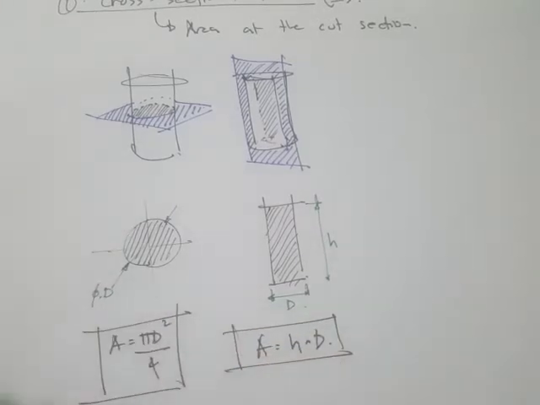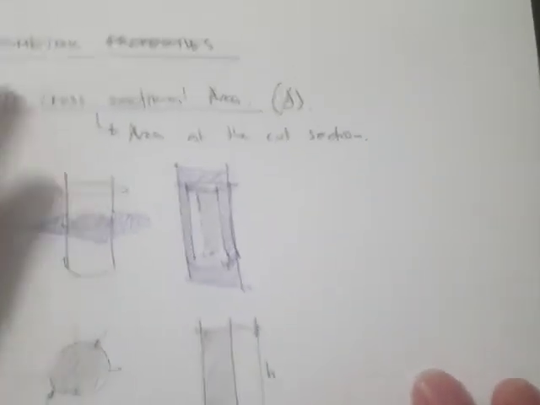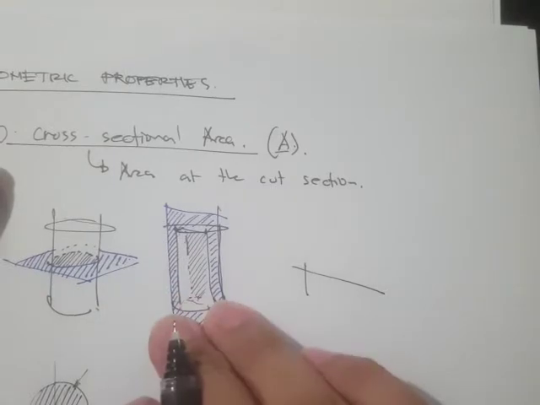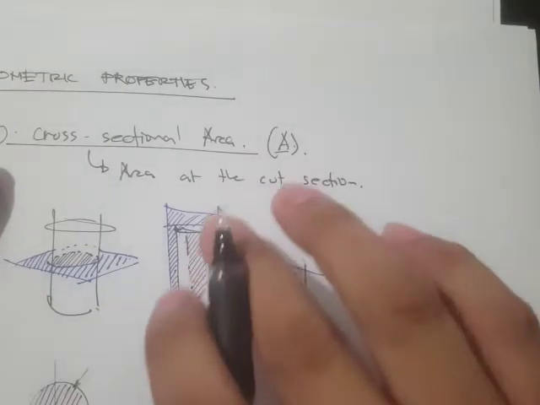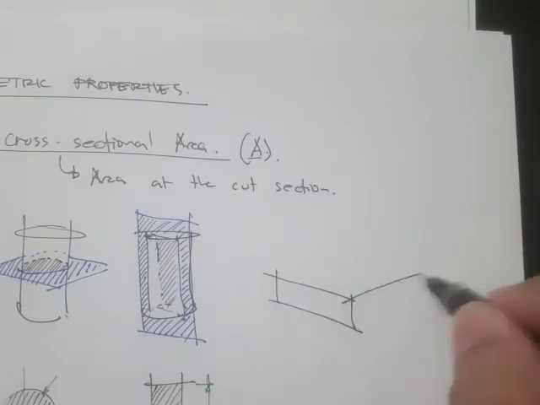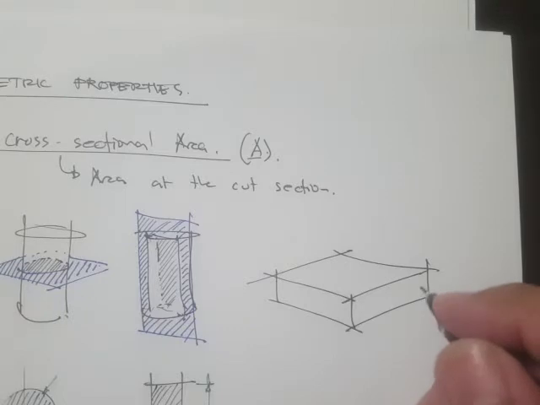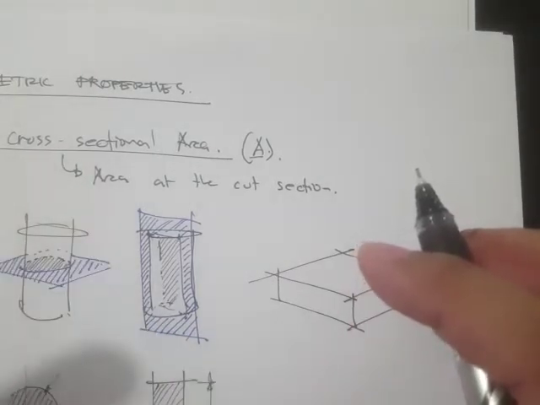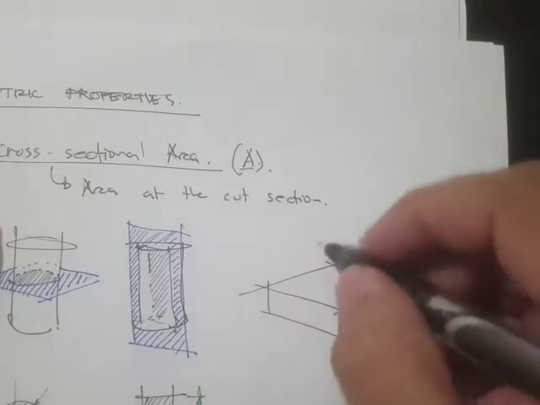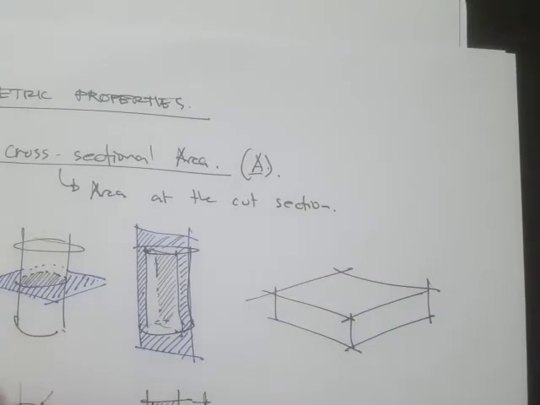Now it's also possible for other types of stresses that the area is not just a planar area, I mean in just a straight plane, but it's also possible that the cross section, or the section plane, is a curved surface.